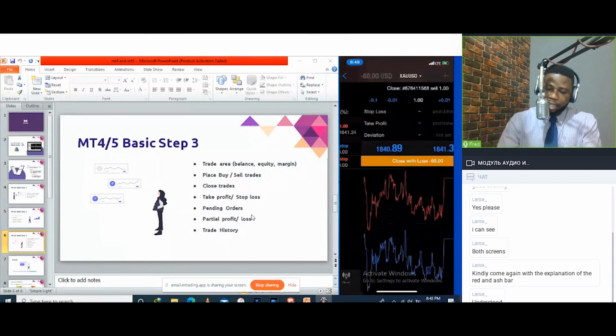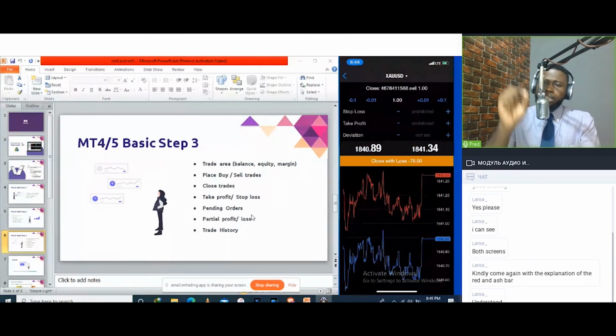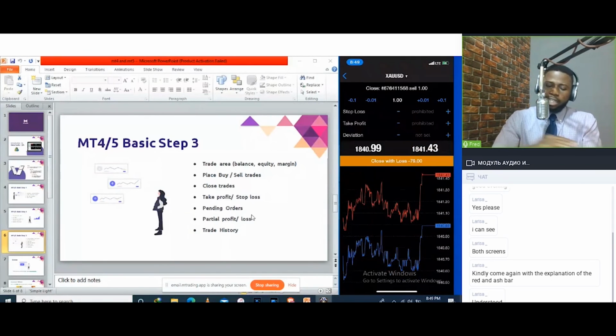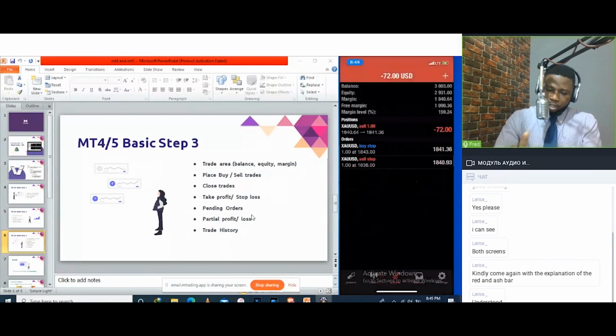Now you click on it, and let's say I traded with one standard lot. That's 1.00. Right now I'm making losses, about $71, but I don't want to close the trade and lose all the $71.